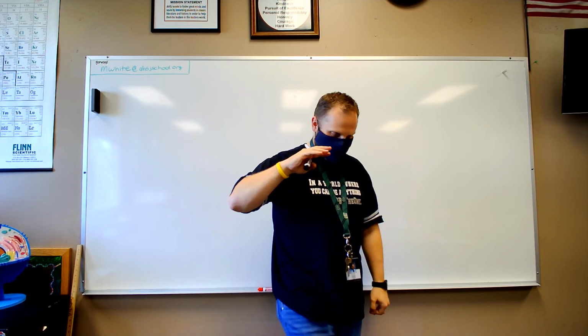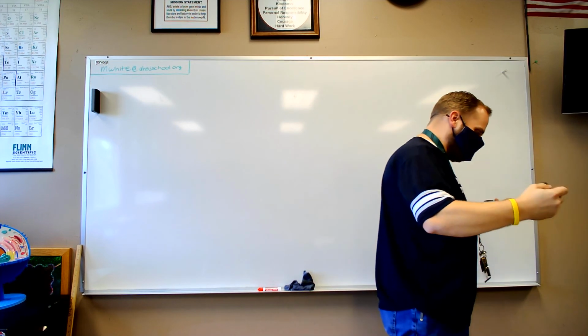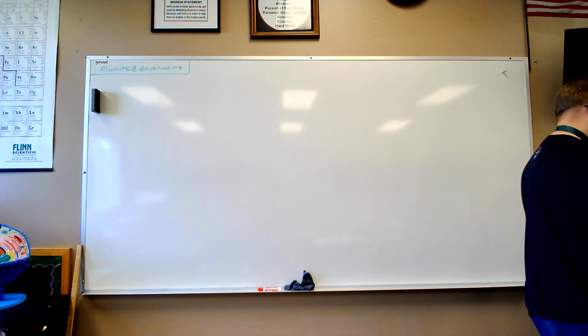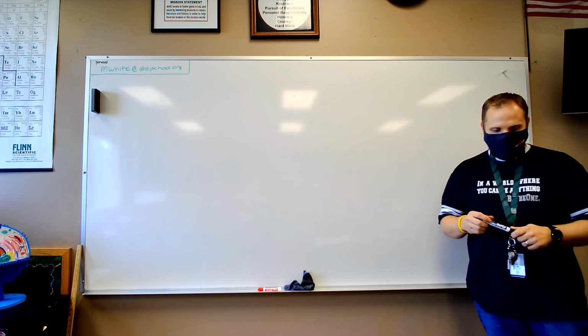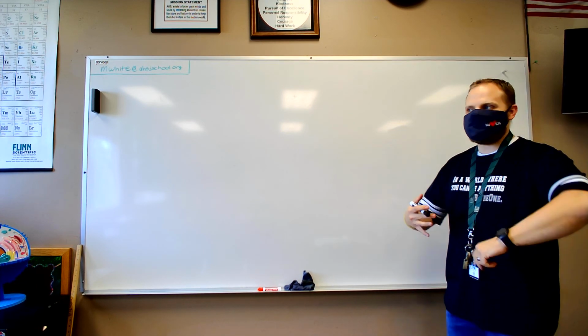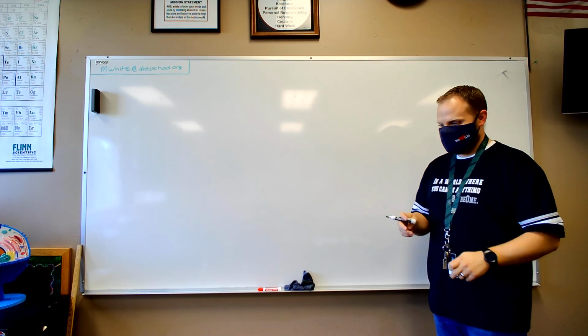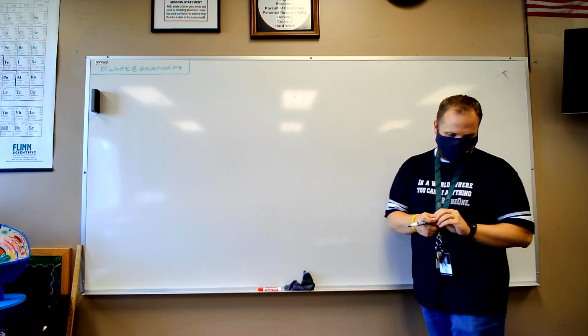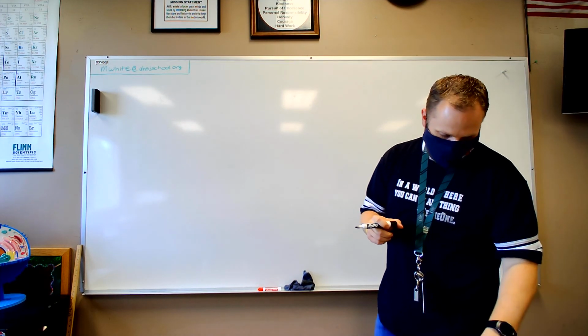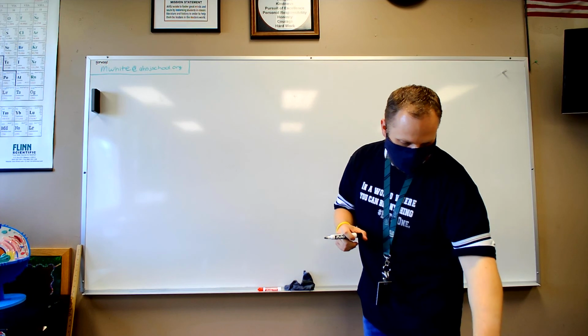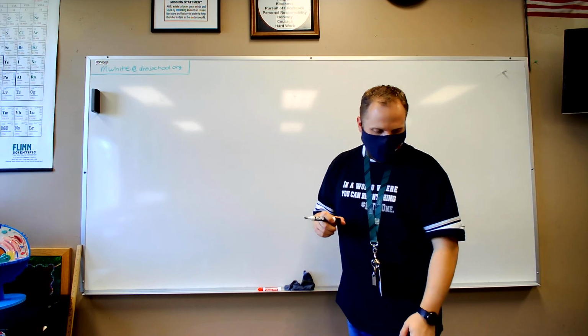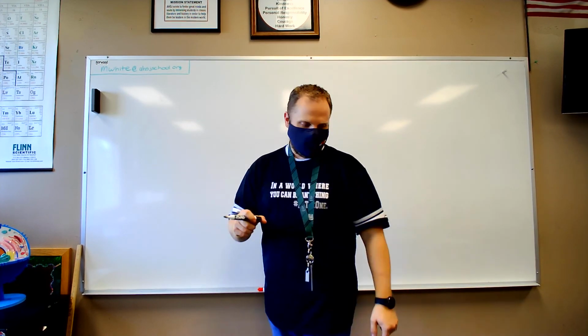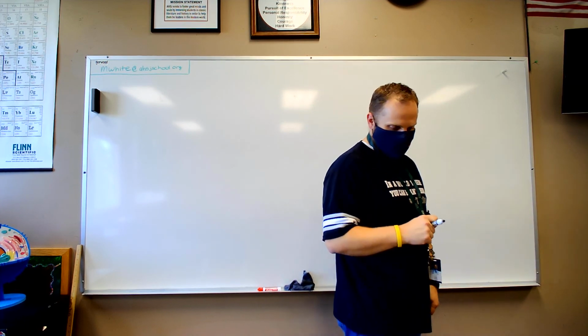So, because valence electrons are so important, we've come up with this way to depict how many valence electrons there are. And it's called electron dot structures. You may also sometimes hear me call them Lewis dot structures.